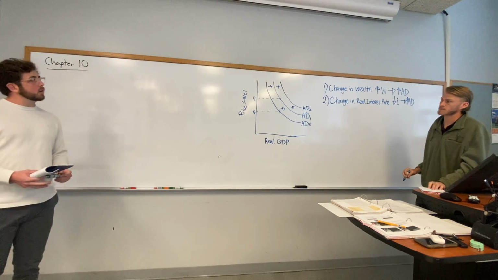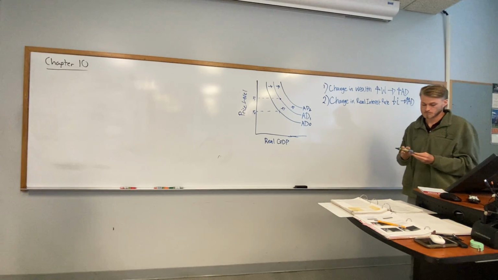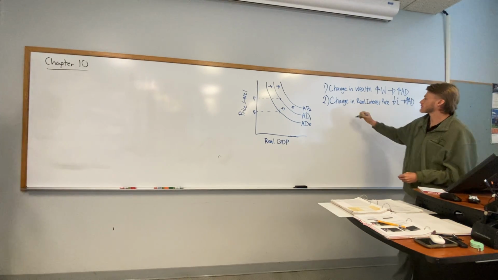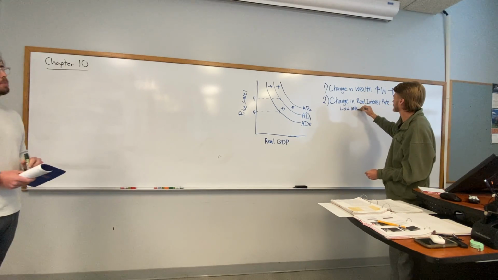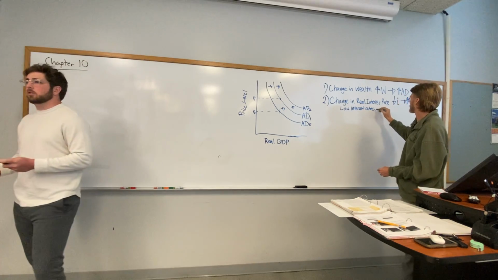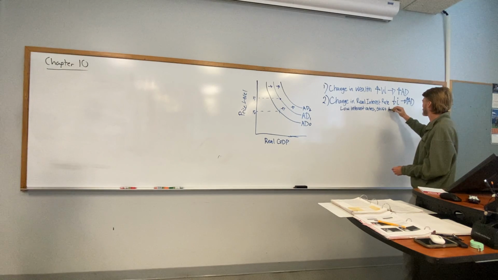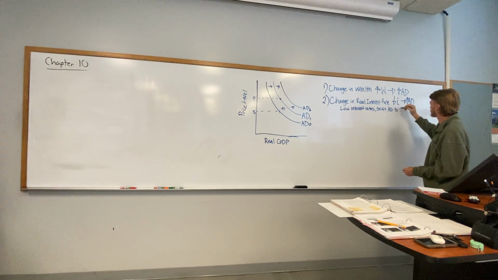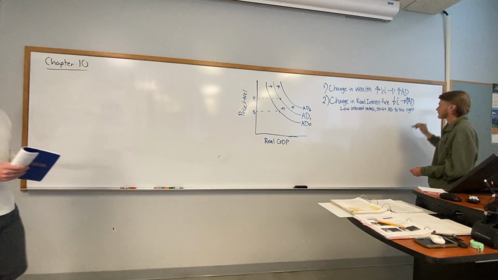A key thing, so right on number 2, what's something I would put under 2? Luke, you put this: low interest rates shift the aggregate demand to the right. People want to buy more, which means demand is going to increase. With lower interest rates, demand increases. Higher interest rates make consumption more expensive, so higher interest rates make the demand curve shift left.